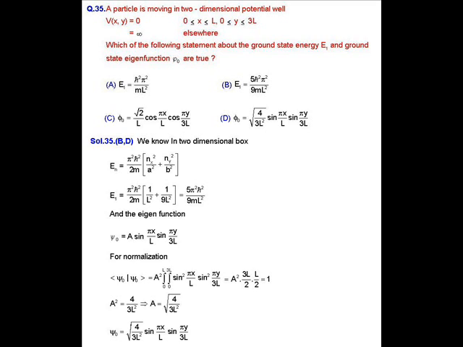So the bra-ket product of psi naught equals A square integration from 0 to L and 0 to 3L sin square pi x by L sin square pi y by 3L, that is equal to A square into 3L by 2 into L by 2, that should be equal to 1. That implies A is equal to square root of 4 upon 3L square. So the ground state wave function psi naught equals square root of 4 divided by 3L square, sin pi x by L sin pi y by 3L.